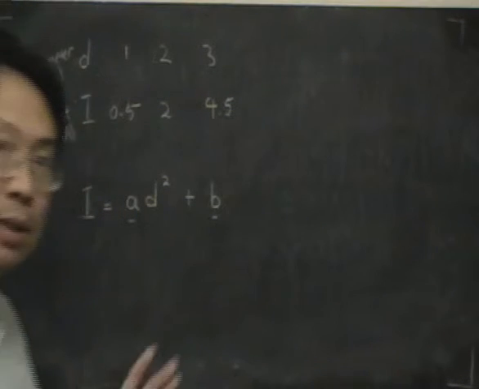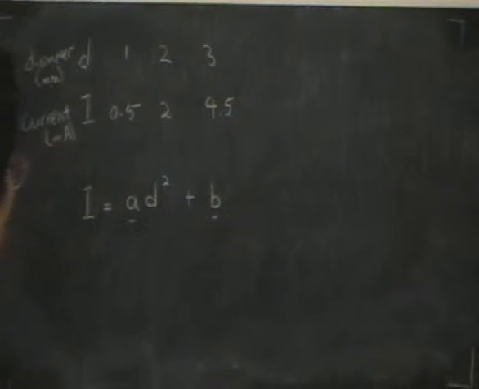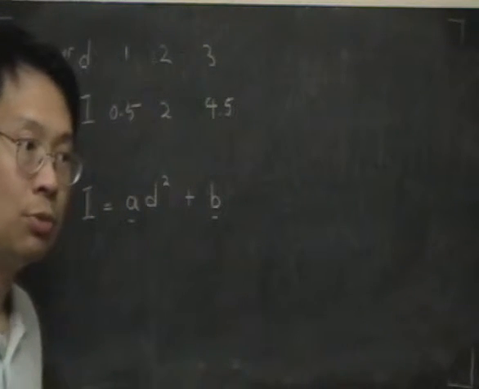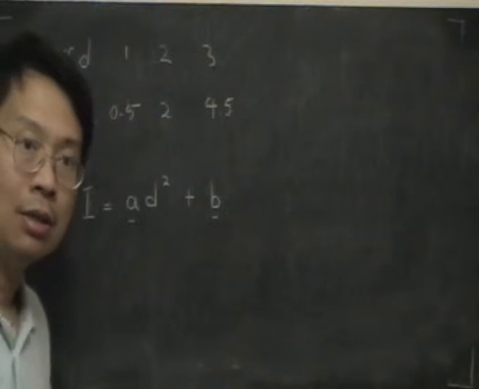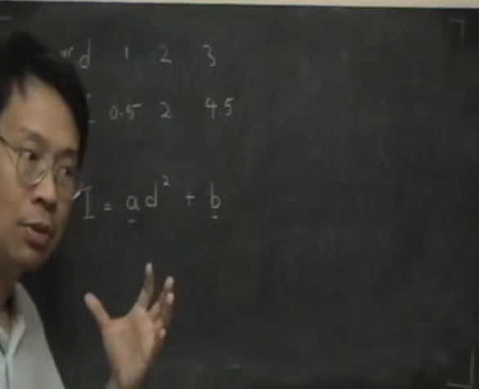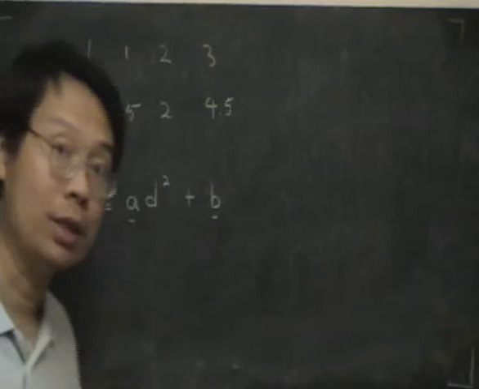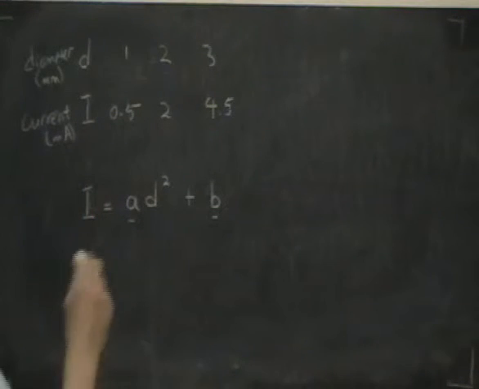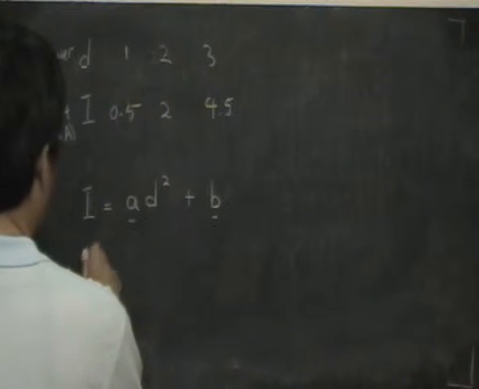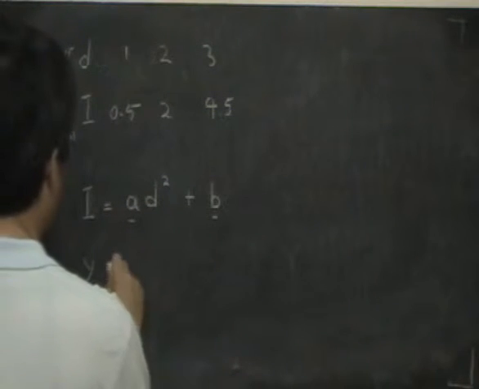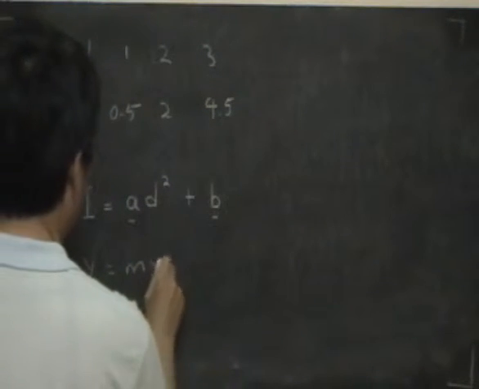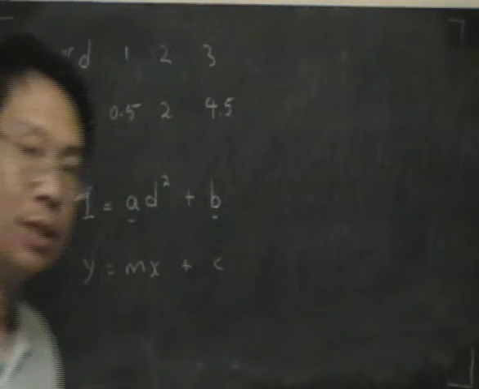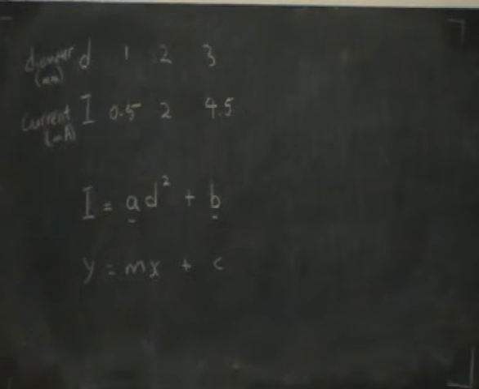So the way is to look at this formula and see that you can think of it as the equation of a straight line. Now, the equation for a straight line is y equals mx plus c. Okay, that's the equation of a straight line.